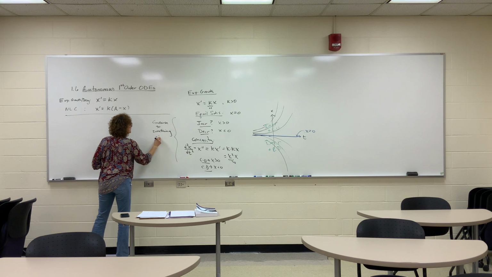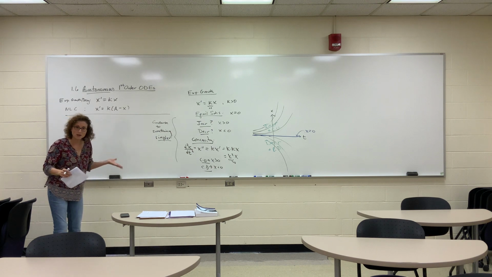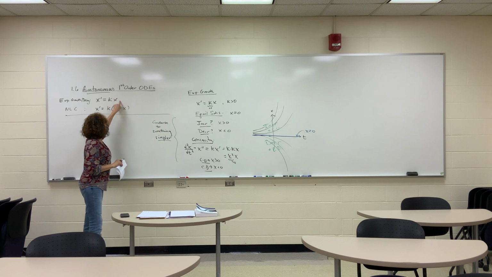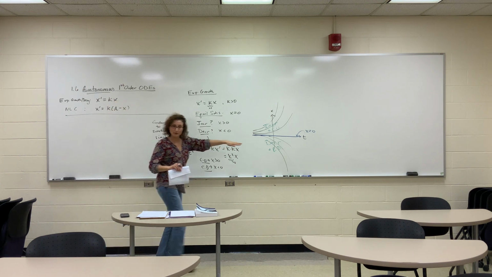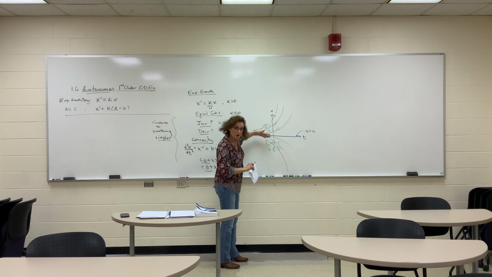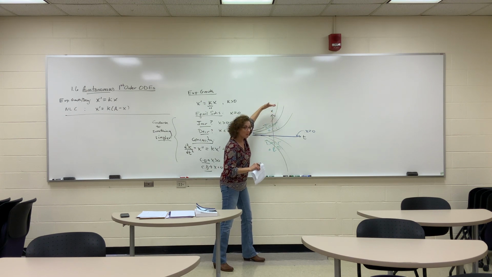Condense to something simpler. What's going to make this simpler? The beauty of an autonomous differential equation, right, is that since the right-hand side doesn't depend on the independent variable, then the slopes, no matter where, are just going to change with the x, right?